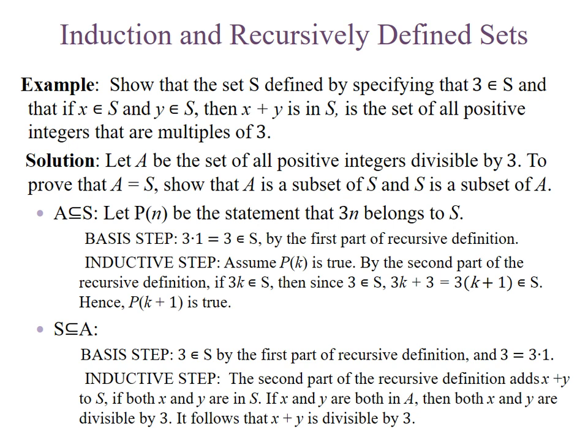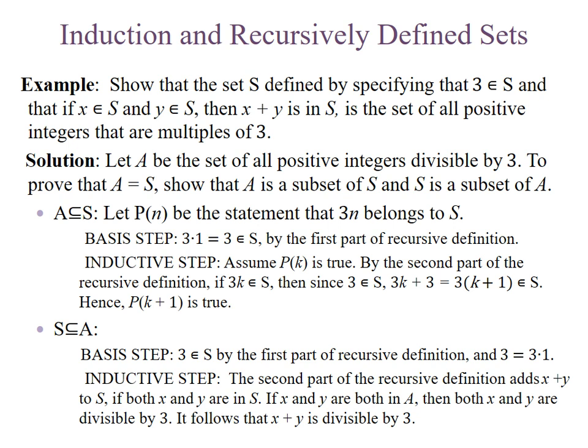Now we know we assume 3k is in S, and 3 is also in S. So if x is in S and y is in S, then x plus y is also in S. So we can claim 3 times k plus 1 is also in S. Okay, now we have proved that P of k implies P of k plus 1. So we claim that P of n is true. That is, A is a subset of S.